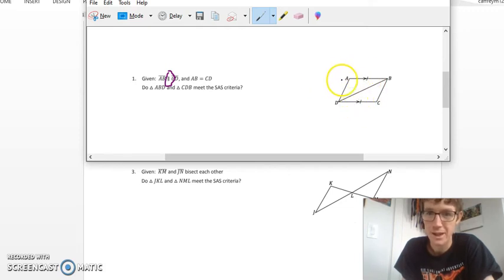Parallel means that if this line went on forever and this line went on forever, they would never touch. And it says that AB is equal to AC. So that's what this line here means. So we know that.